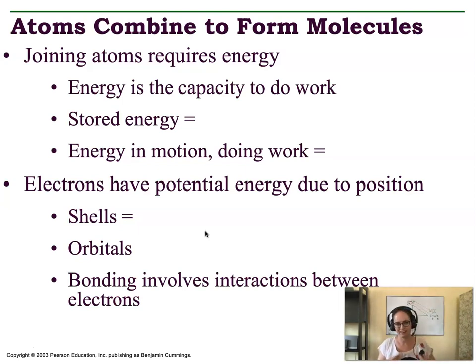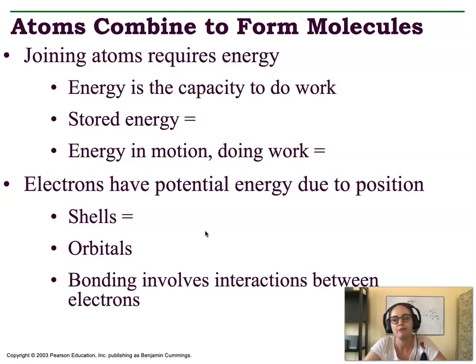That's known as kinetic energy. So our cells are going to utilize molecules for both potential energy and kinetic energy, and it's always going to work based on the same basic principles.